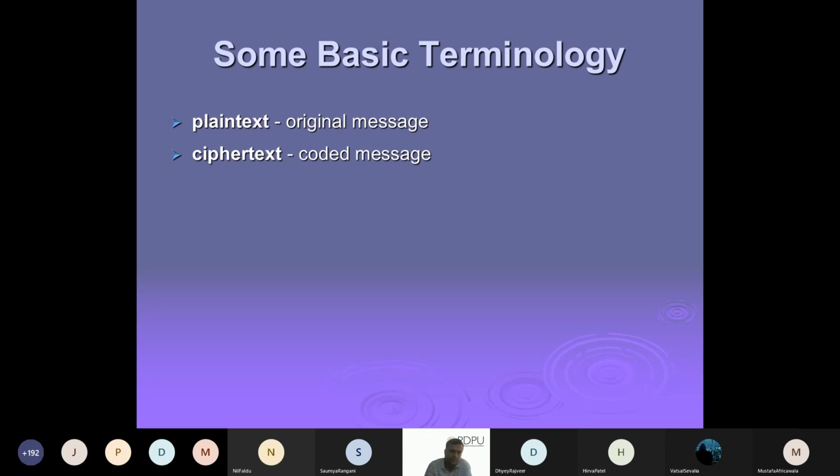Once the receiver gets the ciphertext, using the key, the receiver converts the ciphertext into plain text. It is very simple. A sender converts plain text to ciphertext using the key. On the other end, the receiver converts the ciphertext to plain text using the key. In symmetric, both are using the same key.